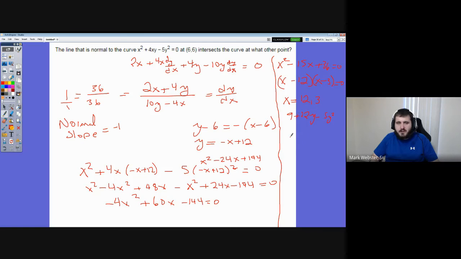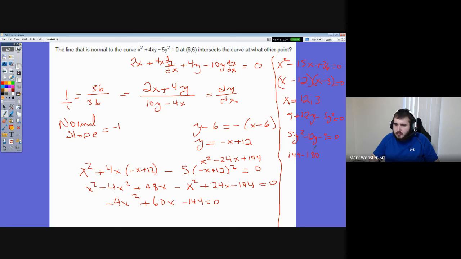Let me rewrite this out. I just moved everything over to the other side and flipped the 0. B squared minus 4AC. 144 minus 180.